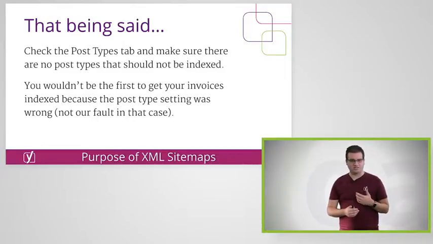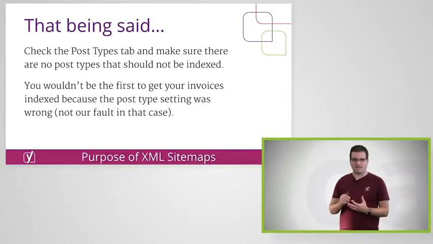This has happened to us, this has happened to tons of other people. It's why we have this tab that allows you to say, okay, we don't want these in the XML sitemap. But that is what we call a quick fix. The real fix is making sure that the post type that is not meant to be public is not set to public.